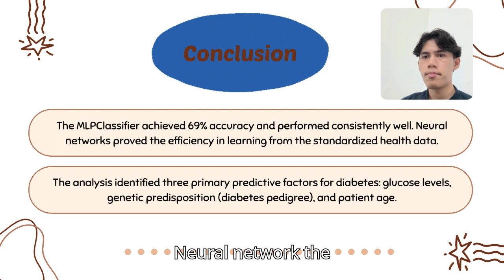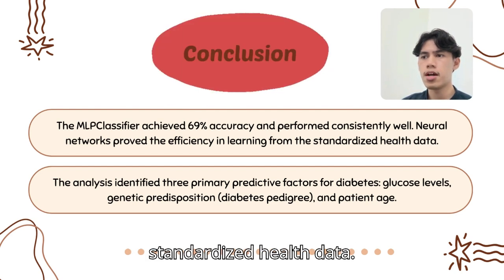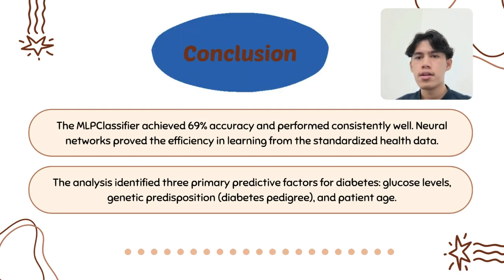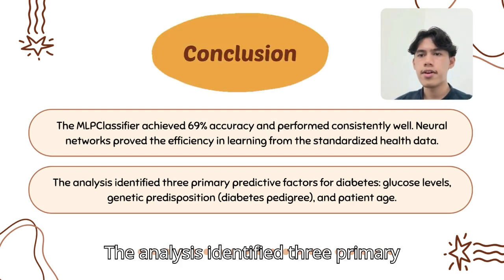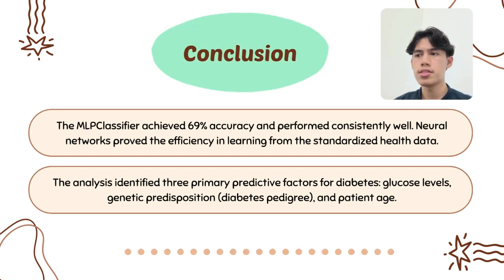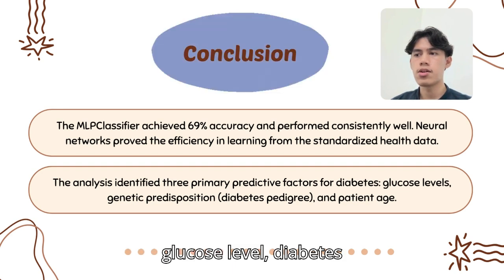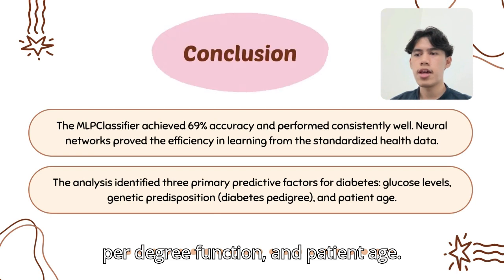The neural network proved its efficiency in learning from standardized health data. The analysis identified 3 primary predictive factors, which are glucose level, diabetes pedigree function, and patient age.